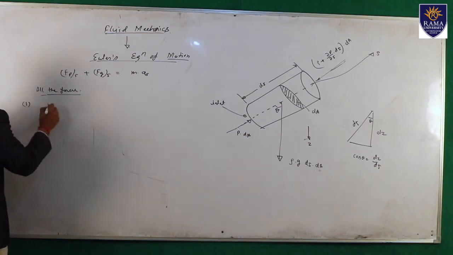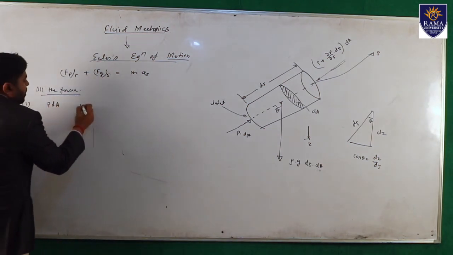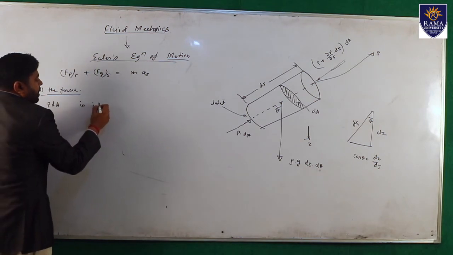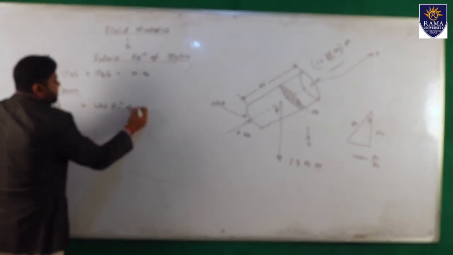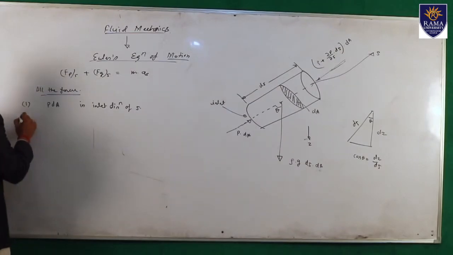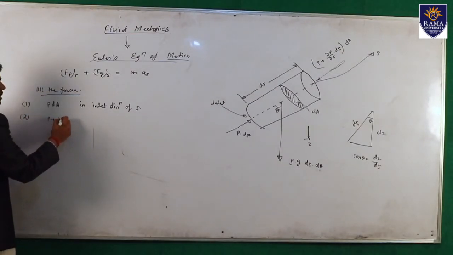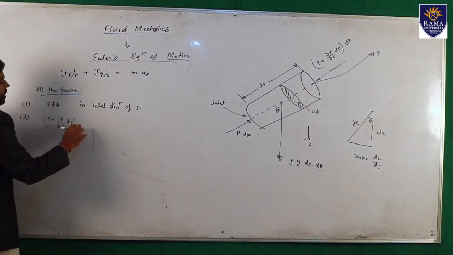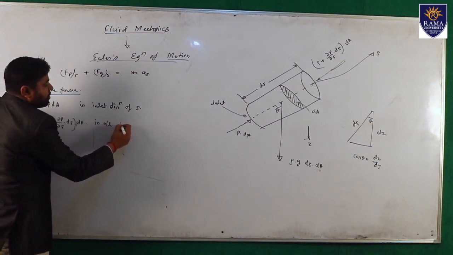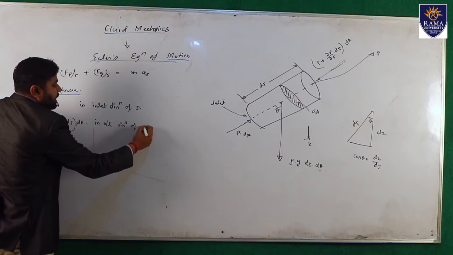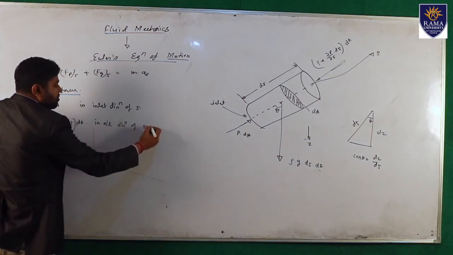Number 1, PdA in the inlet direction of S. Second one is P plus del P upon del S into ds, into dA in the outlet direction of S. That is the outlet direction, so what is the direction?